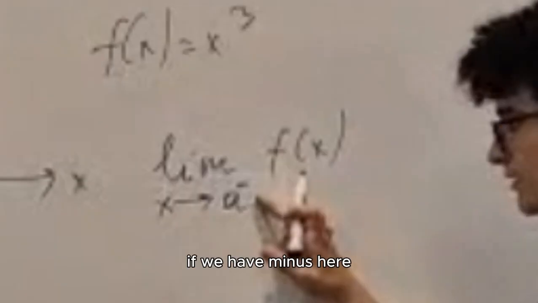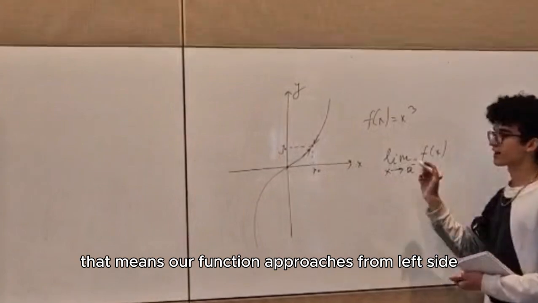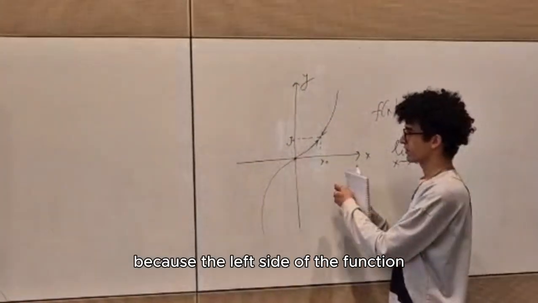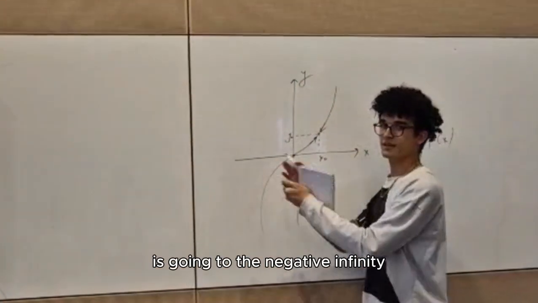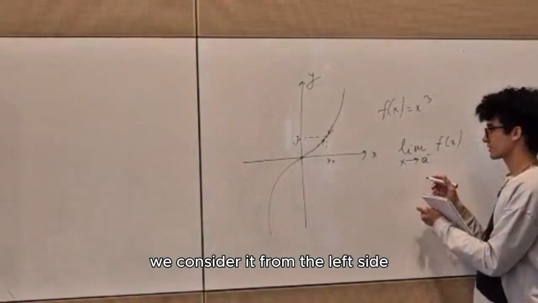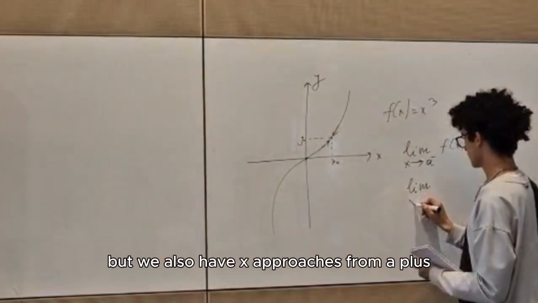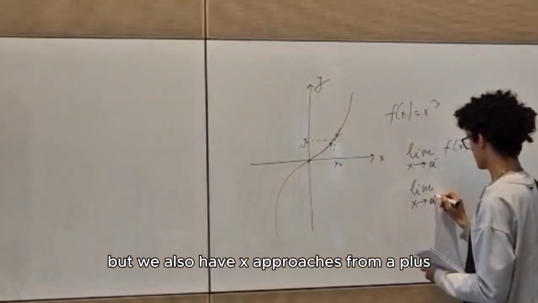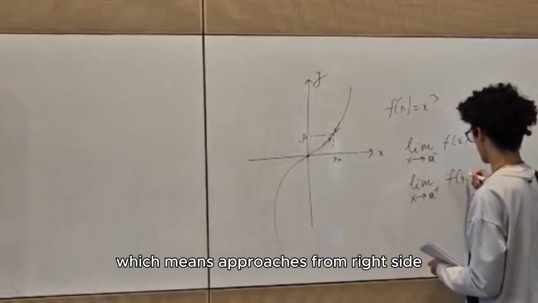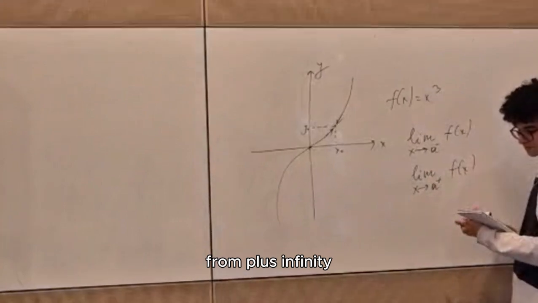If we have minus here, that means our function approaches from the left side, because the left side of the function is going to negative infinity. That is why when we see minus, we consider it from the left side. But we also have x approaches a plus, which means approaches from the right side, from plus infinity.